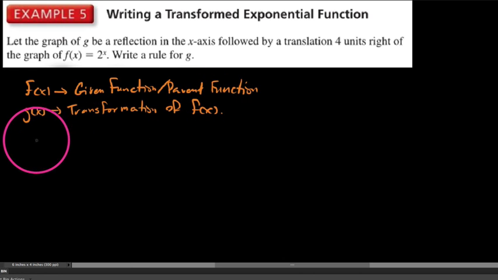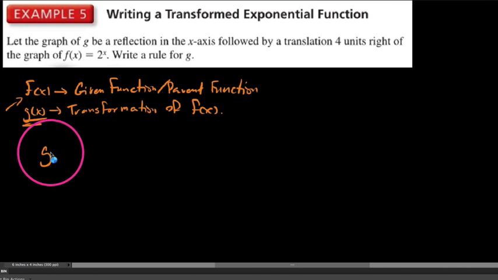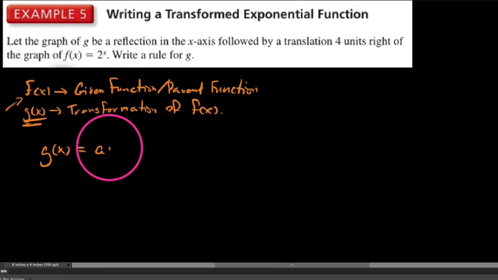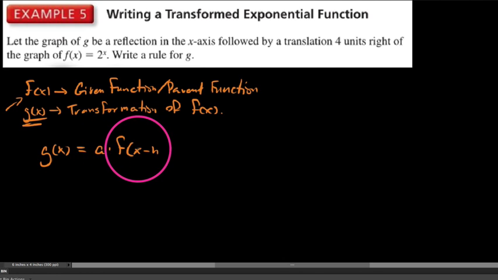But what we want to do is basically be able to write a g of x for some given f of x. And so the way we have often been writing these, and the way I'm going to represent it here, is this. We say that g of x, which is our transformation, is just some f of x where we've taken it times a, we've subtracted or added on h off of or onto its x value, and we subtracted off or added on k values to the entire function value afterwards.